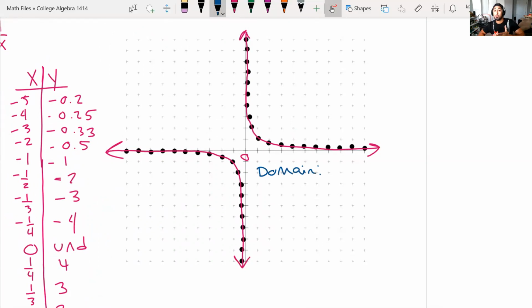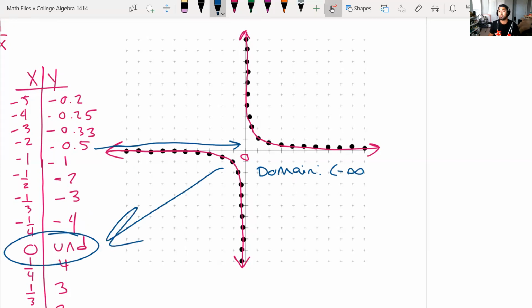So domain, you start with the smallest x value, which means where is this tail headed? This tail is headed towards -infinity. So my domain starts at -infinity, and as my graph comes, it has to stop at 0, because based on my XY chart and based on my graph, does this function exist at 0?